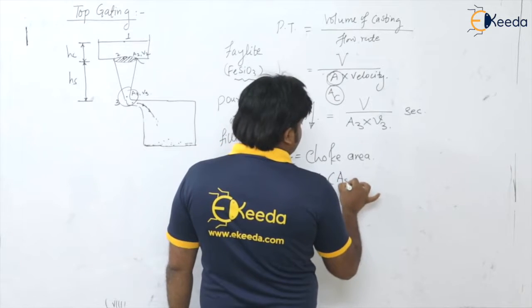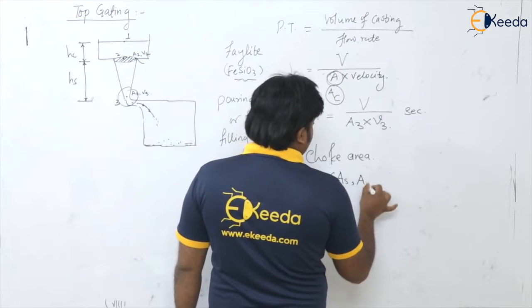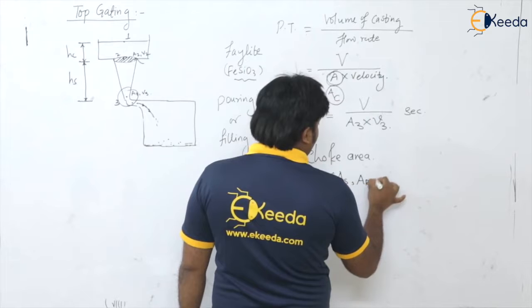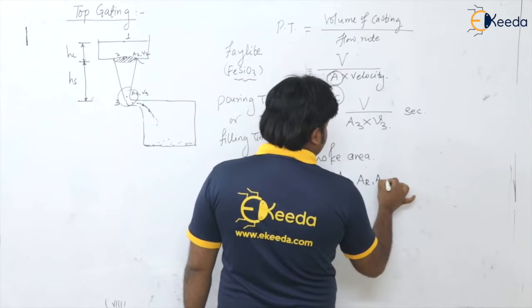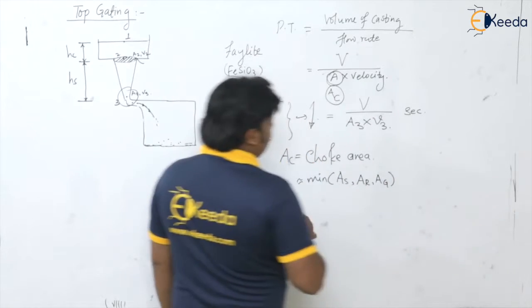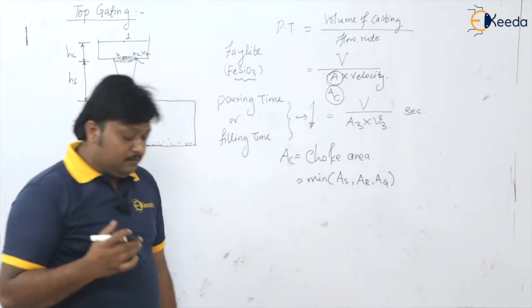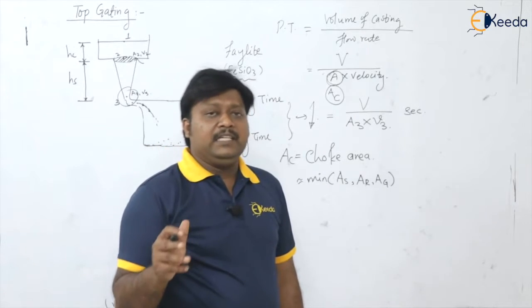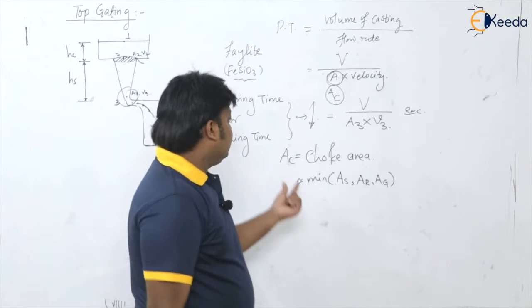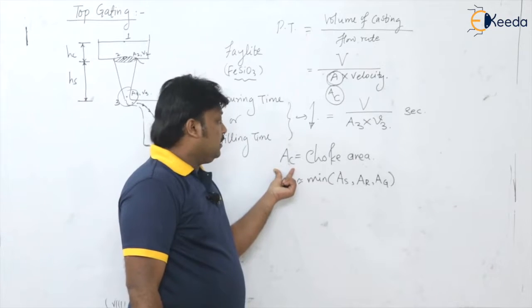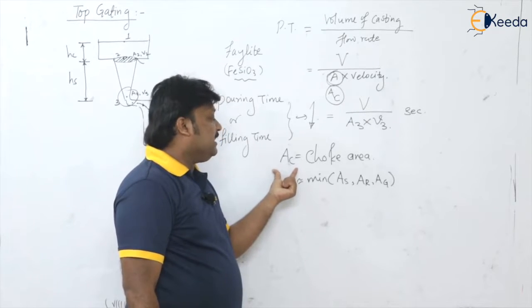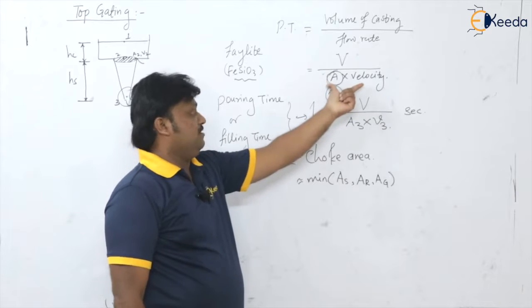So the minimum of AS, AR or AG, the ingate. But what is the choke area actually? The choke area is the area which meters the flow rate.